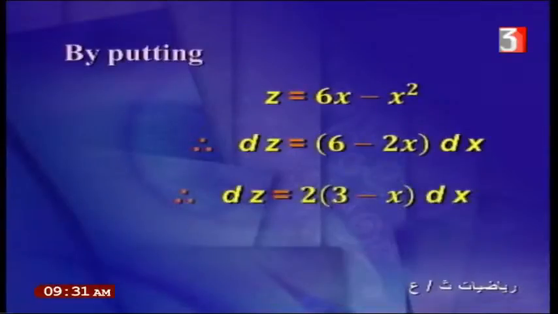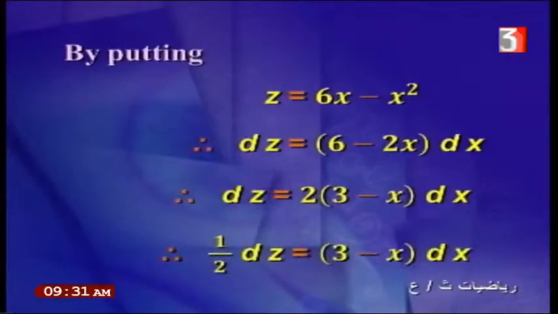Then dz equals the differentiation of 6x minus x power 2, which is (6 minus 2x) dx. We can take 2 as a common factor. Then dz equals 2 multiplied by (3 minus x) dx. Dividing both sides by 2, then half dz equals (3 minus x) dx.